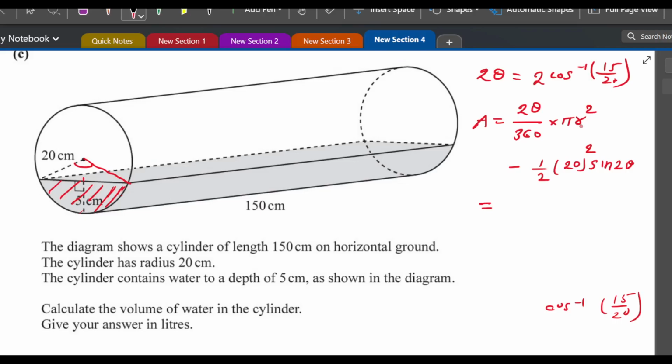The 2 theta is again 2 times cos inverse of 15 divided by 20.